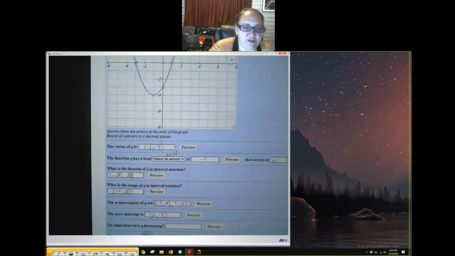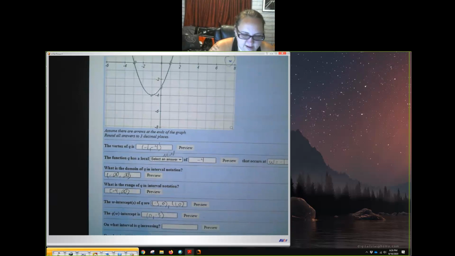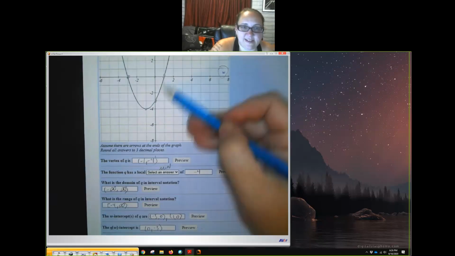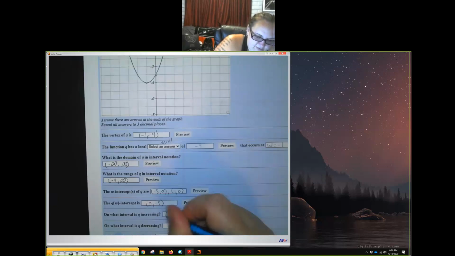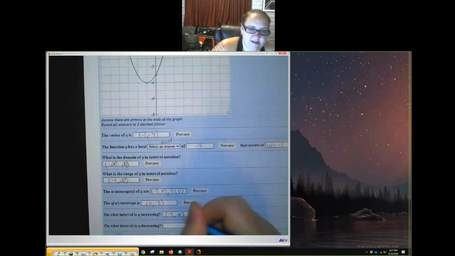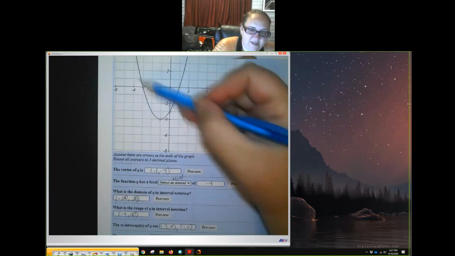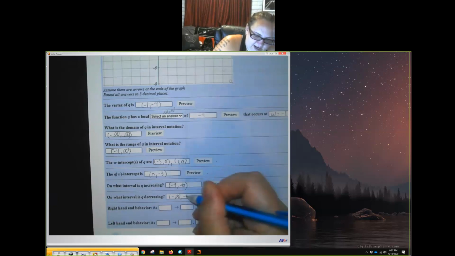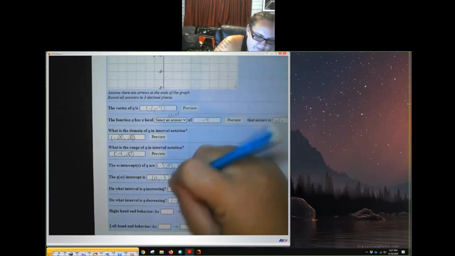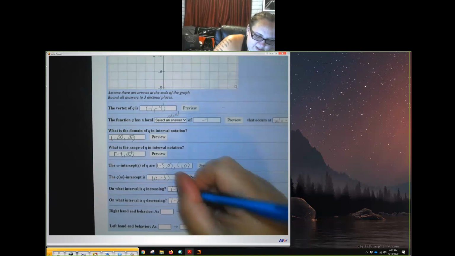On what interval is q increasing? So that's going to be this half, because this is the half that's going up. So it's increasing from -4 to infinity. And then it's decreasing on this side from -infinity to... Nope. It always wants x values.